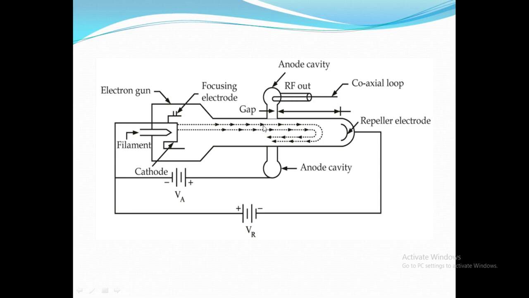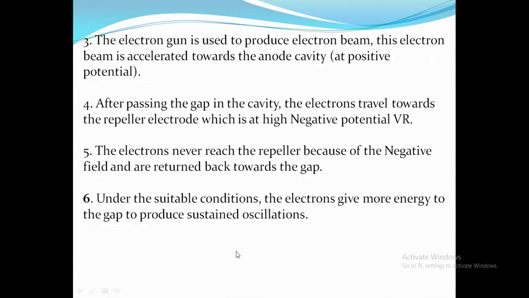After passing the gap in the cavity, the electrons travel towards the repeller electrode, which is at a high negative potential VR. The electrons never reach the repeller because of the negative field and return towards the gap. Under suitable conditions, the electrons give more energy to the gap to produce sustained oscillations.